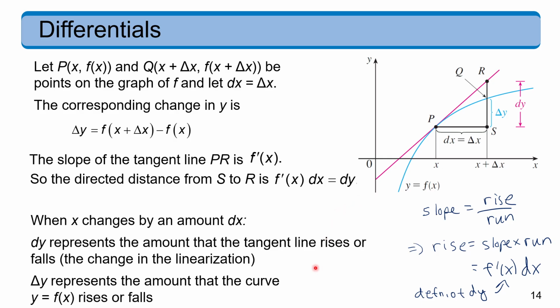And then down at the bottom, this is just summarizing what I've been saying. If we change x from an original point x and we move it to the right dx units to get to our new point, we want to discuss the resulting change in the y coordinates as you move from one point to the other. Jump down here. Delta y is the exact change in the function.